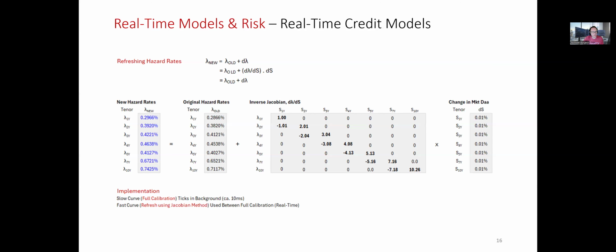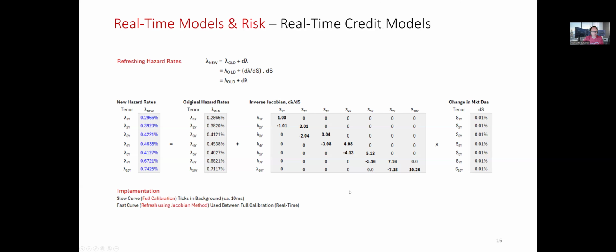Whilst the full calibration is running, you could refresh the latest full calibration curve using the Jacobian method, and that would update in real time. So here's an example of that. If you do have a slower model, this is perfect because you can have real-time refreshes whilst you're waiting for the full calibration in the background, and that would be very accurate.